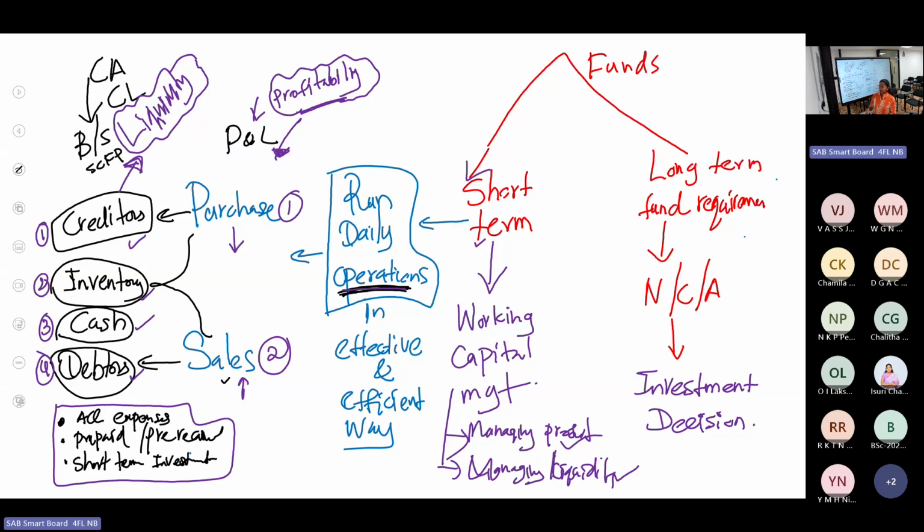If I say this, these two objectives, liquidity and profitability, are interrelated. Why?